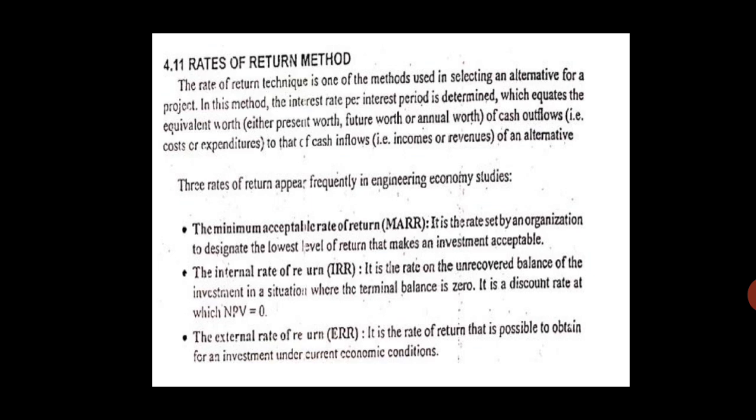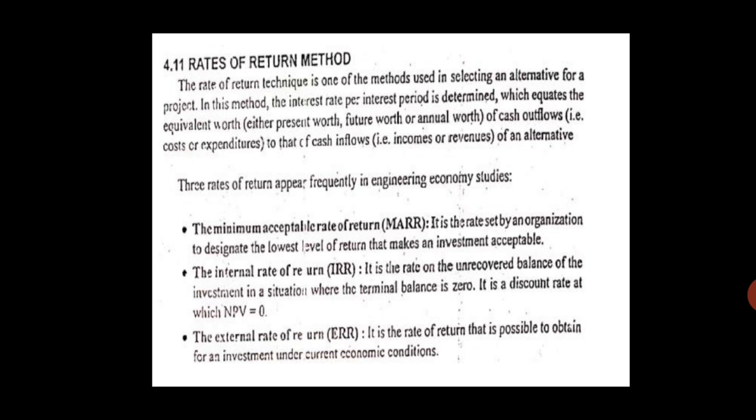So basically in any project, we want to make investment, there will be income, that is revenues, and there will be expenditure, that is outflows. So this rate of return method is finding out the interest rate for the interest period, which equates the equivalent worth, whether it is present worth, future worth, or annual worth of the cash outflows to that of the cash inflows.